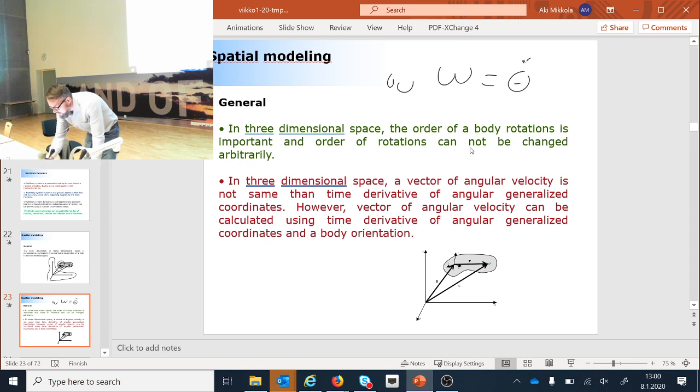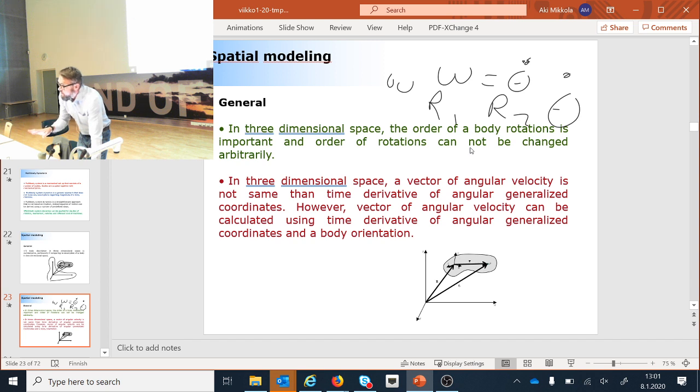You know that in the planar case, for one body, we have three generalized coordinates: r1, r2, and theta. If I differentiate theta with respect to time, I will get theta dot, and that's exactly the same as the angular velocity.